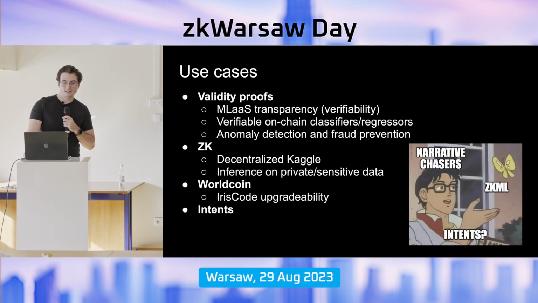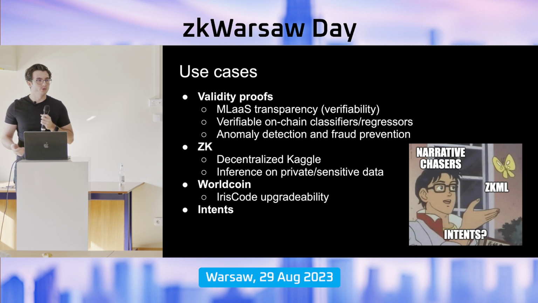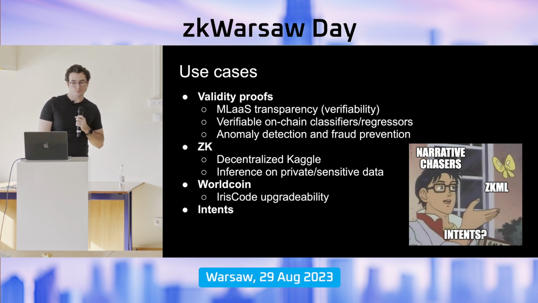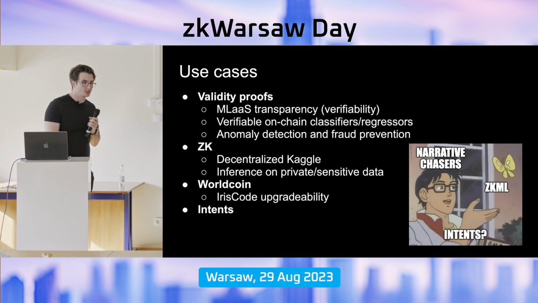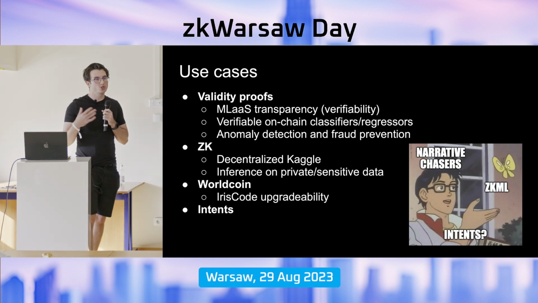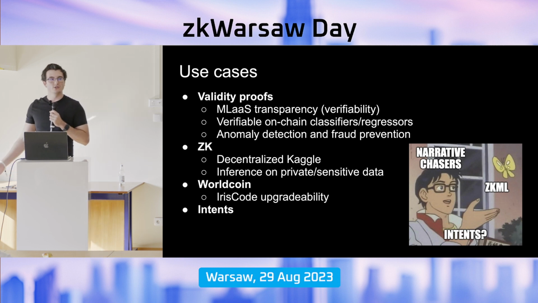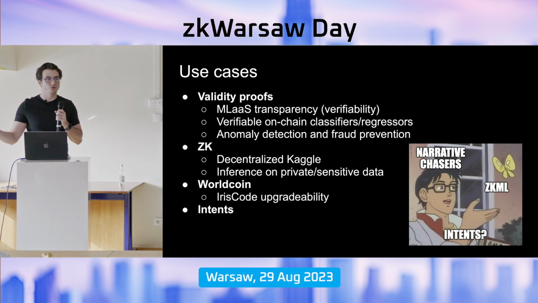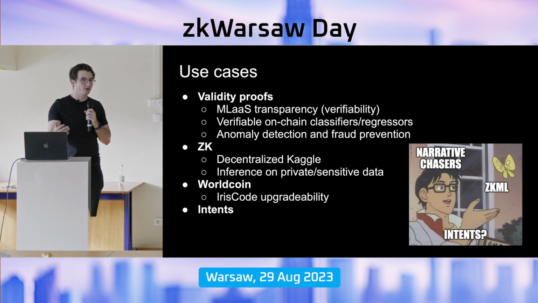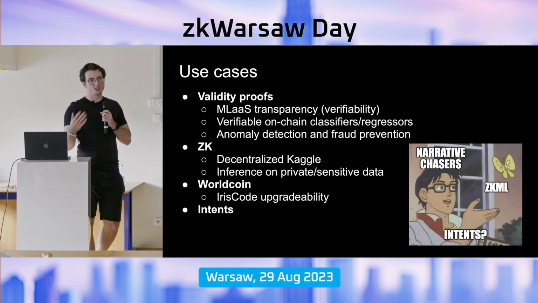So use cases, right? Why would we want to do zkML in the first place? There are many machine learning as a service providers. Let's say I have an API, and I want ChatGPT to give me the answer to a question. How do I know that OpenAI is actually running the ChatGPT I'm paying for?